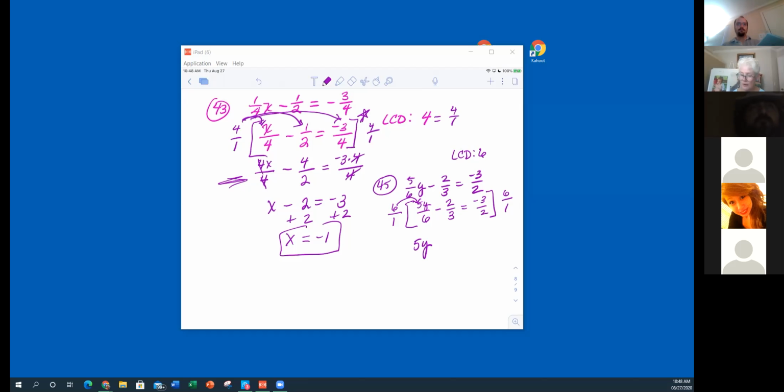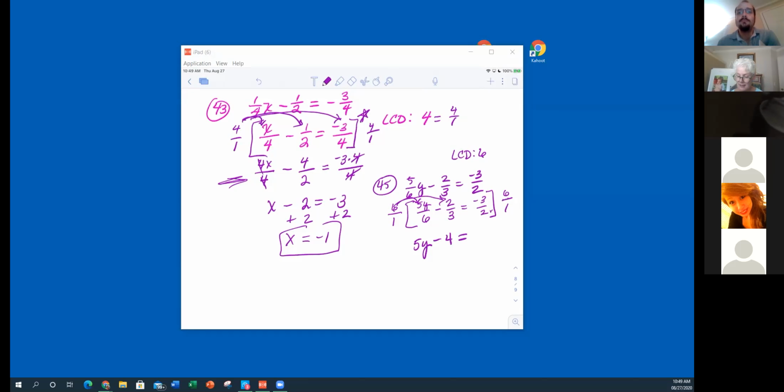Okay, when I multiply these 2 together, how many times does 3 go into 6? 2. And then 2 times that 2 on the top would be 4. And what kind of 4? Positive or negative? Negative. Yes. And then here, how many times does 2 go into 6? 3.